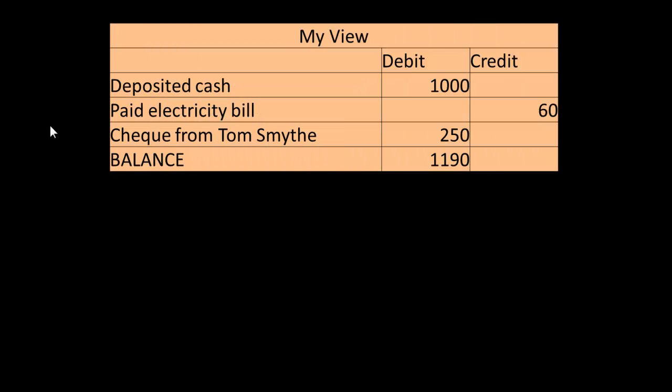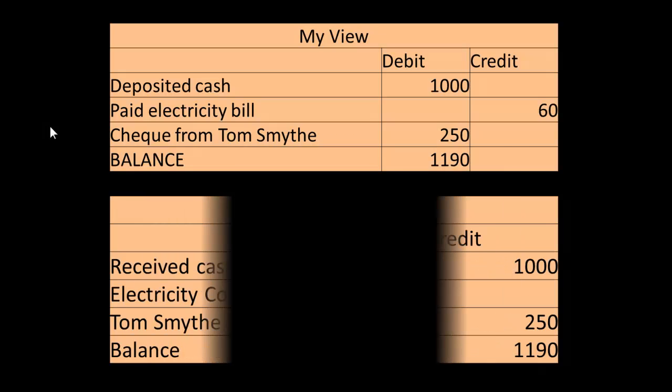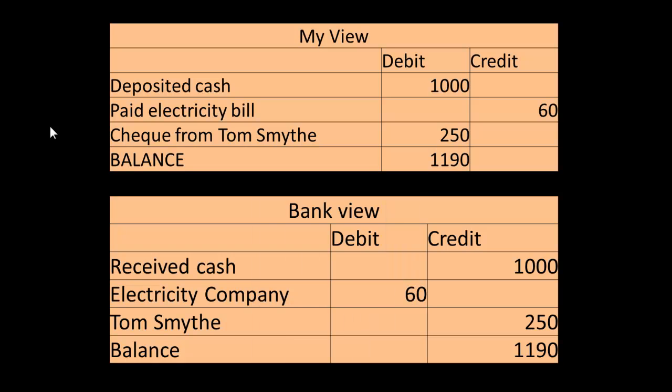So here's my view for a few transactions with the bank. I deposit cash, so I debit. I pay an electricity bill, so I credit. I receive and pay in a cheque from Tom Smythe, so I debit my cash account. So I have a balance of £11.90. The bank, on the other hand, sees it the other way around.